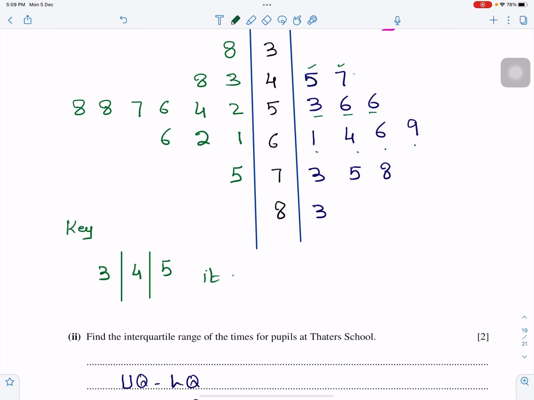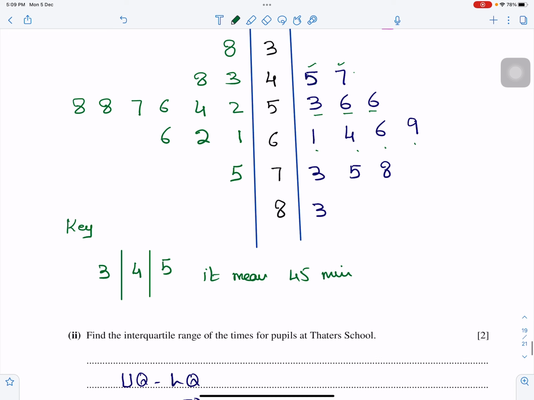It means 45 minutes, and 45 is of Whiteford Park School. And similarly, for this part, you can say 43 minutes of Theatre School. This is how you complete the stem and leaf diagram, whether it is back to back or not back to back.